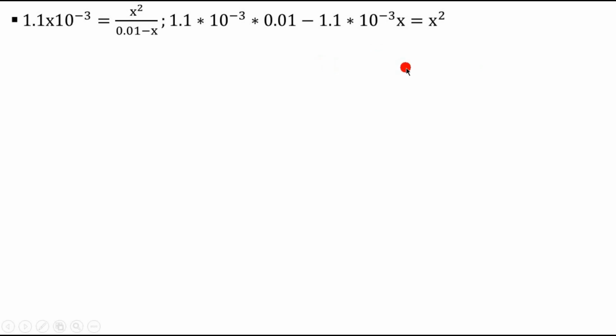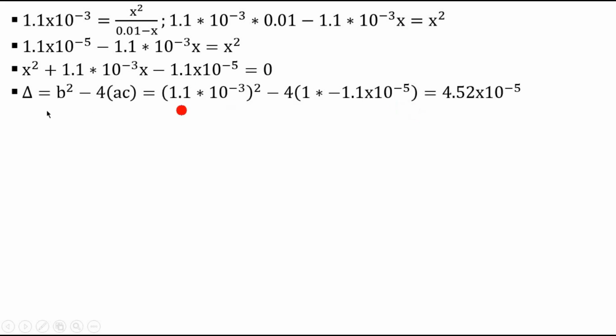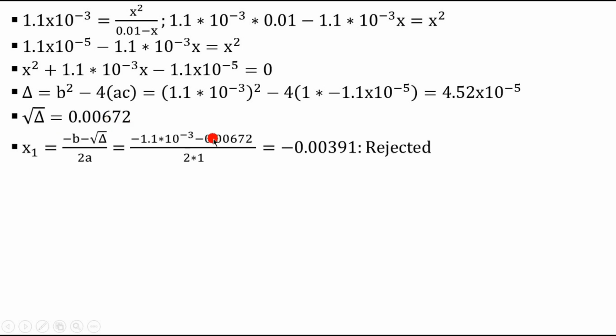That means we need to find the quadratic equation, and if you go quickly, you will find the quadratic equation that we need to solve, and we determine the determinant. After determining the determinant, we take its square root and obtain this one. Then you obtain x1, which will be rejected because the concentration cannot be negative.